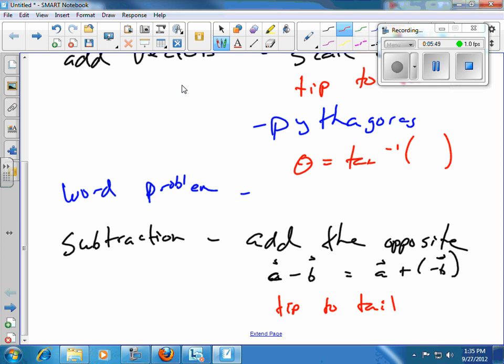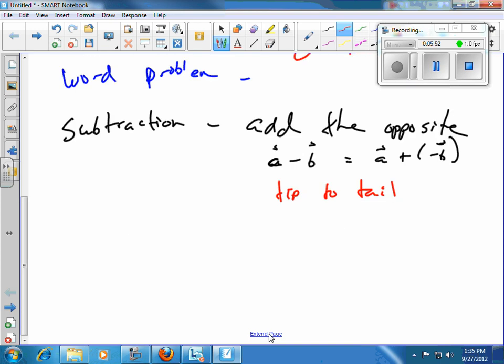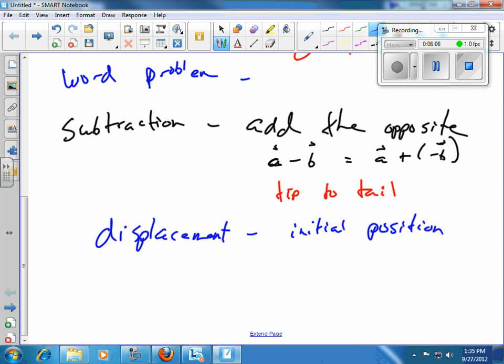Okay? Now, there might be a word problem that deals with subtraction as well, and that would probably include the word displacement. And it would probably have the words like initial position and final position.